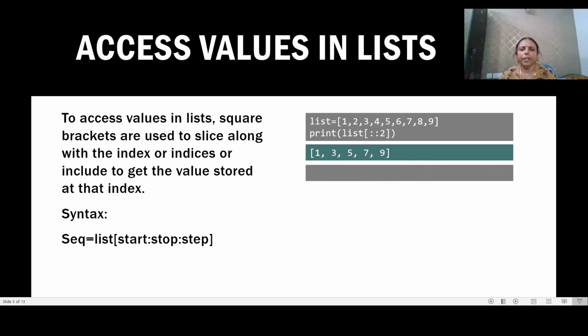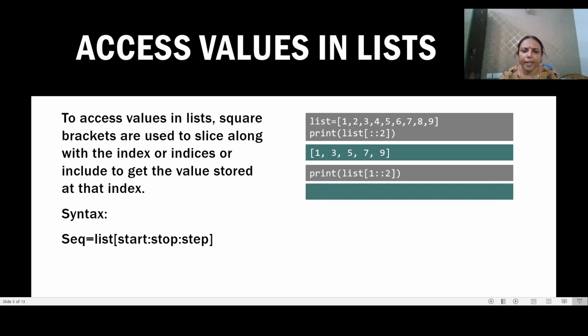Similarly, we'll see another example. List of 1 colon colon 2. Here the beginning is given as 1. 1 means it is referring to 2, not 1, because the index starts from 0. Then it goes with the entire list because I didn't specify the stop.